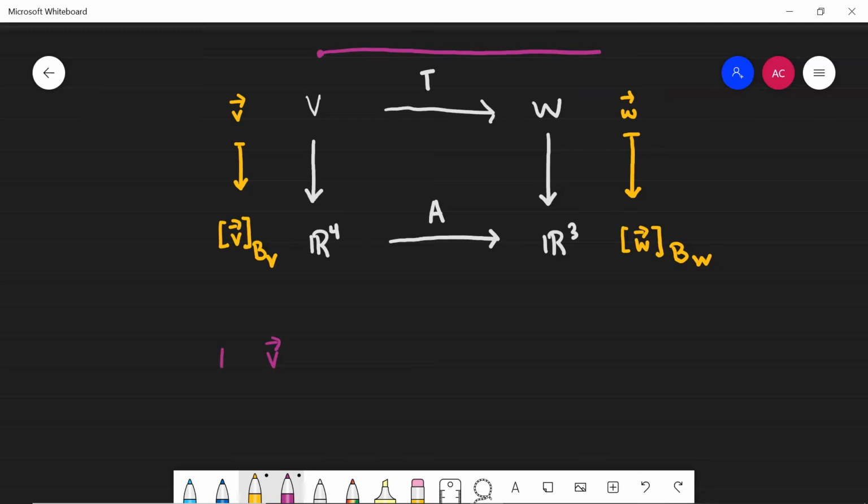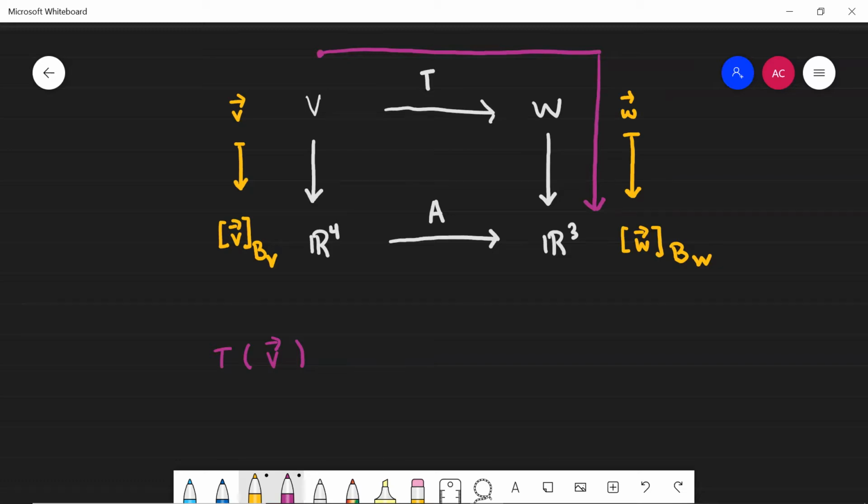So this is the first leg of this path. Now what I'm going to do is go down this way, right?